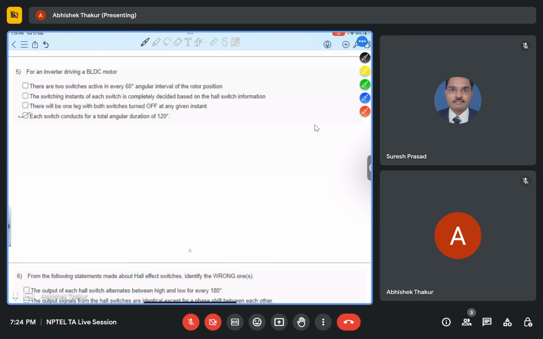So this is also correct. The switching instant of each switch is completely decided based on the Hall switch information. This is not correct. And there are two switches active in every 60 degrees, as in every 60 degrees two switches are active. So options A, C, and D are the correct options for this question.